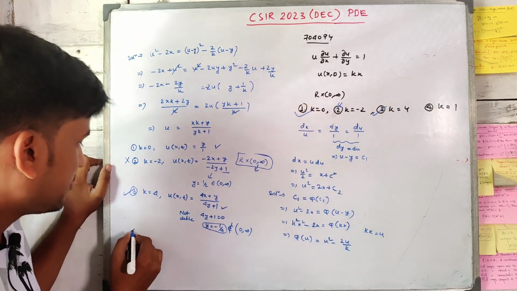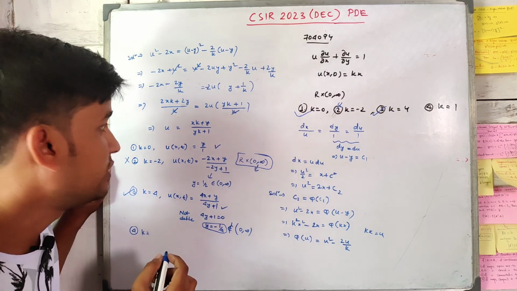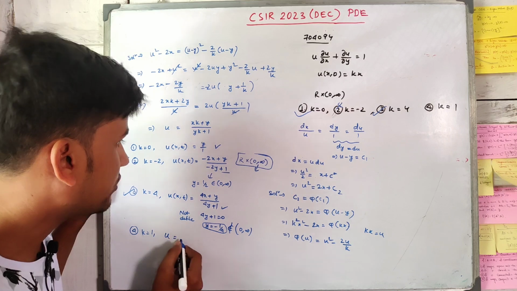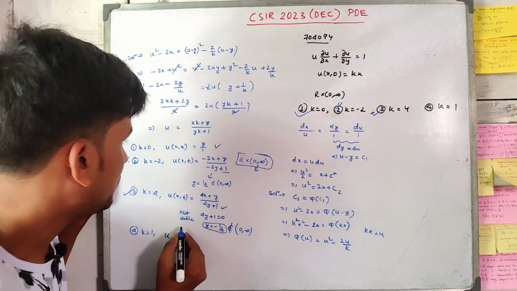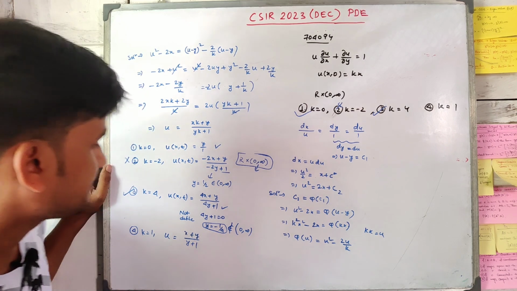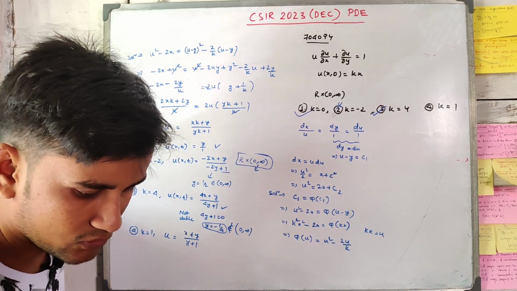Now if we take k equal to 1, this is a very good analysis, you need to solve this problem. If k equals 1, then u equals (x plus y) by (y plus 1), (x plus 1) by (y plus 1).